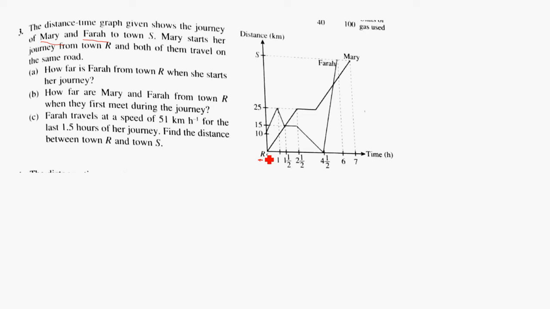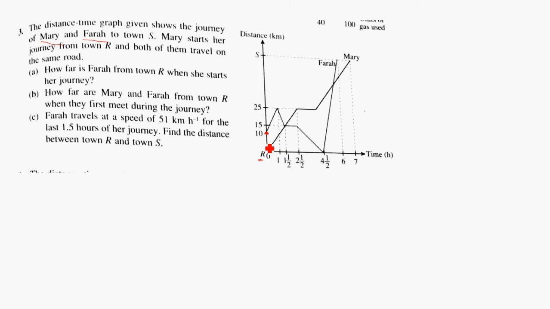Both of them travel on the same route, but you can see from this graph that Farah starts from this point. So if R is 0 kilometer, Farah starts 10 kilometer from R. Question A: how far is Farah from town R when she starts her journey?